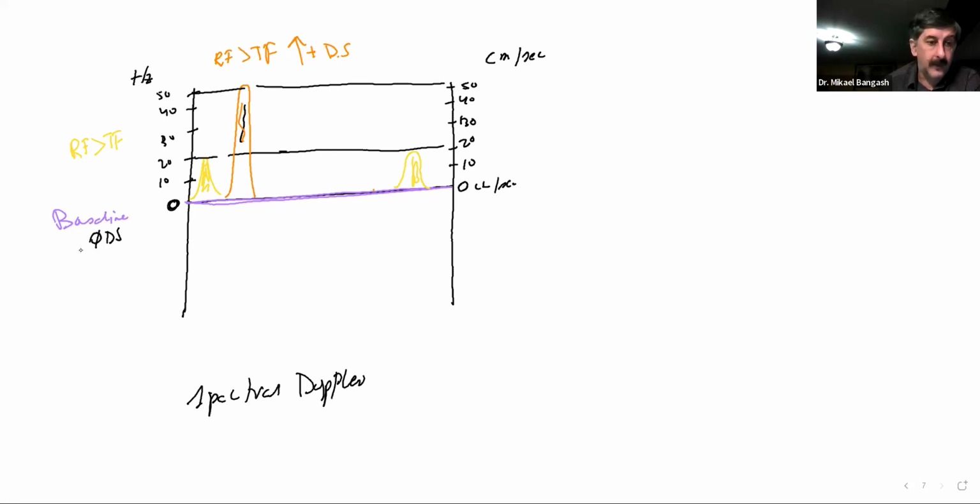On the other hand, the yellow is a low positive Doppler shift, because we had a lower difference between the two frequencies, the transmitted and reflected, which is due to the blood flowing at a lower speed.